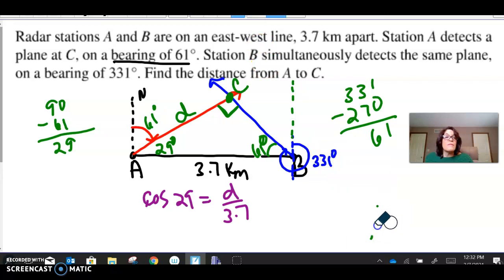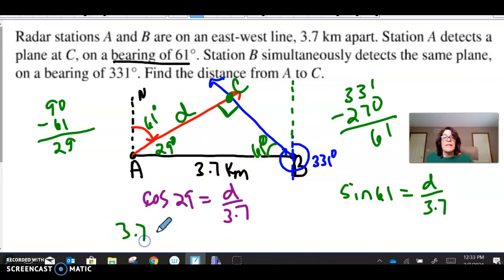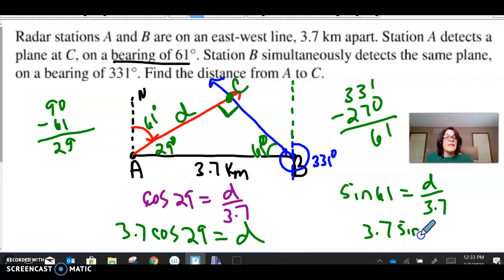Somebody else might say, I'm going to use 61 because I know that the sine of 61 is opposite over hypotenuse. So some of you are going to take 3.7 times the cosine of 29. Some of you are going to take 3.7 times the sine of 61. You're both going to get the same thing, right?